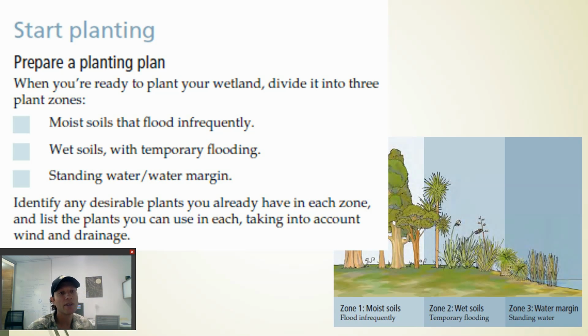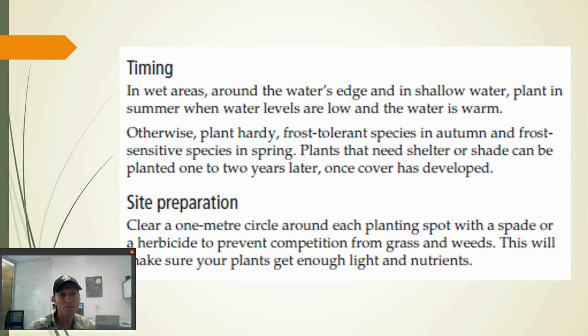So this is where having a really good baseline map with topographic elevations will help you in determining the best strategy for planting. It's not just what to plant, of course, it's when to plant and how to prepare the site.